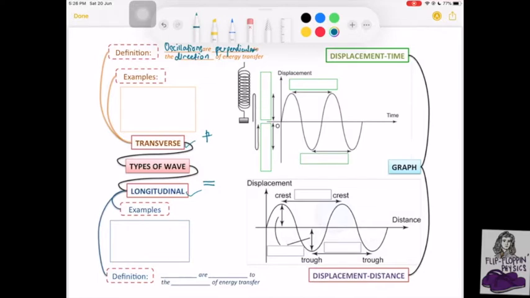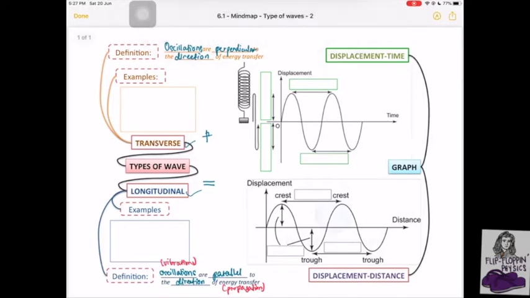And then for a longitudinal wave, the oscillations are parallel to the direction of energy transfer or to the direction of propagation. Okay, so remember that you can write this as vibrations, and you can write energy transfer as propagation, and it will wind up being the same thing.